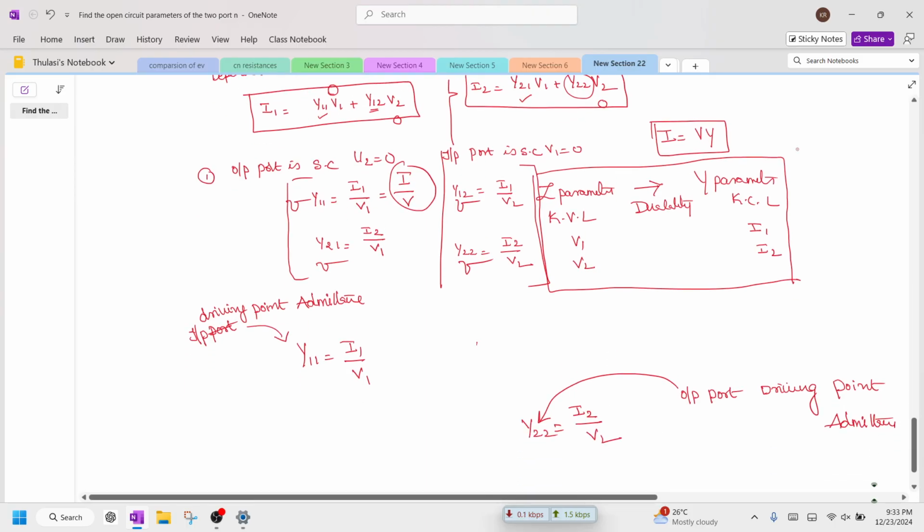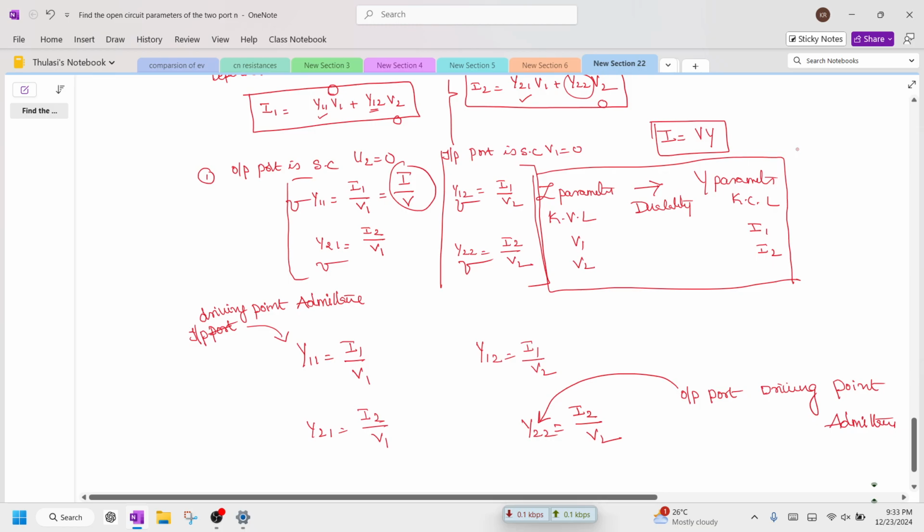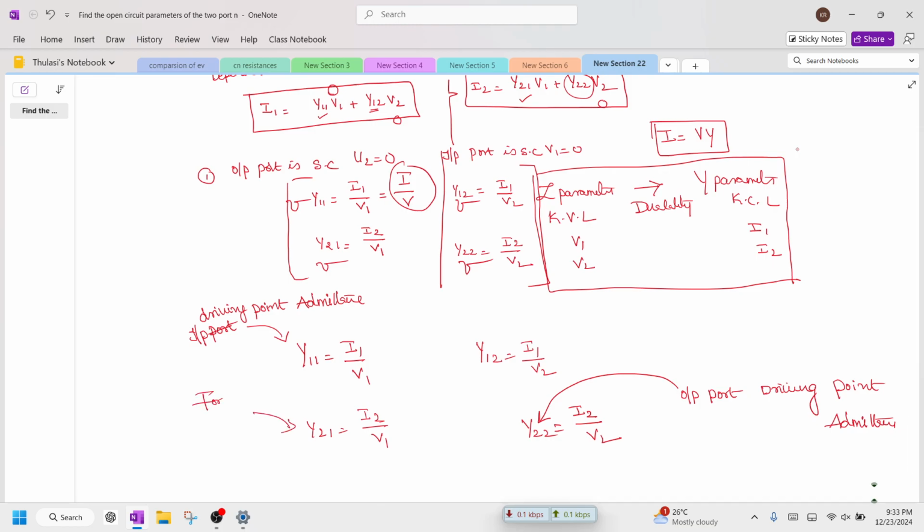Now here the element we are going to get is y12 is equal to I1 by V2. Okay. So now how to write down y12, and next y21 we are going to write down I2 by V1. So output current by input voltage we are going to call it as a forward transfer admittance.